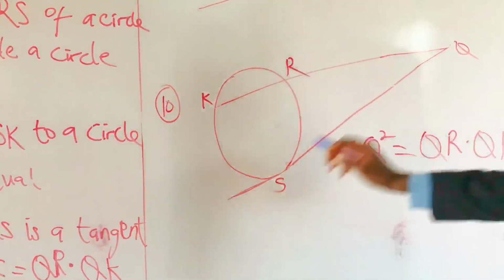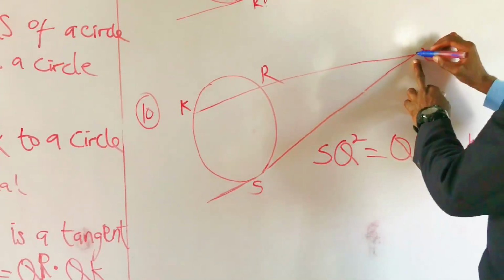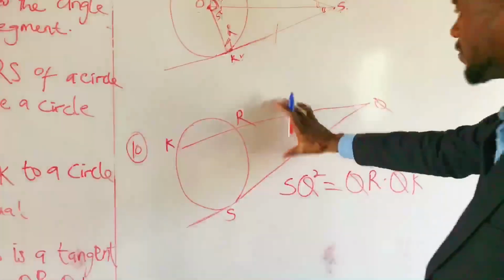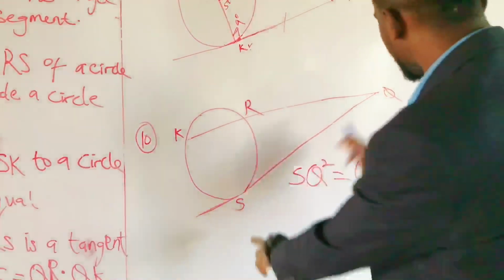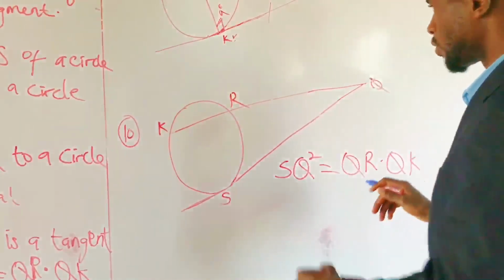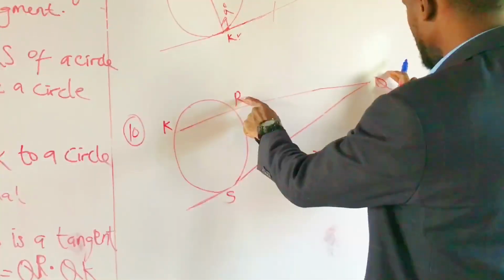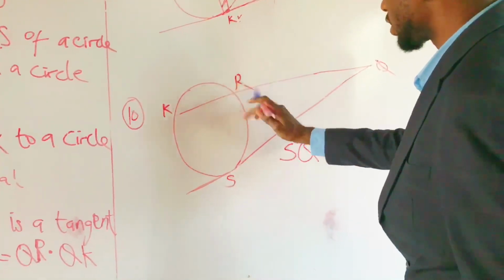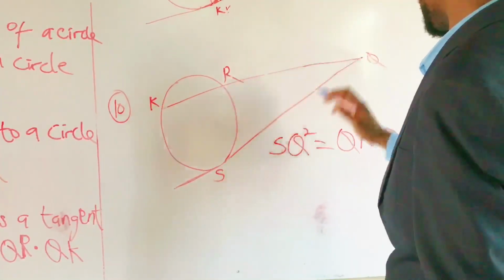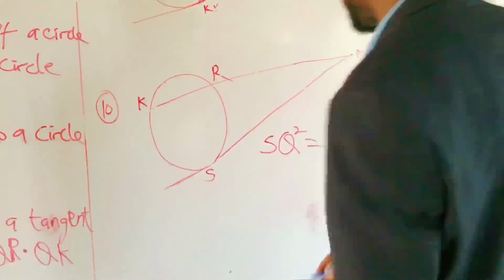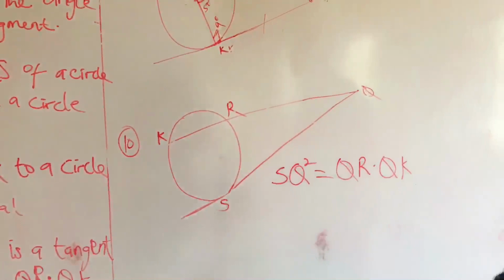Then the secant and the tangent came to meet at a point known as Q. If you have this, then when you square the value of your SQ, it is equal to QR dot QK. QR, the length from here to here, multiplied by the length from here to here. This is what theorem 10 is saying.